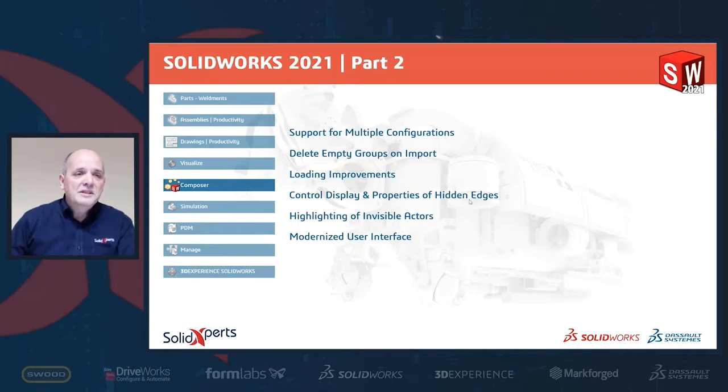Being able to momentarily highlight those invisible items and verify where we are in the publication space. And just the general UI improvements all make Composer 2021 a nice improvement and a good part of making really professional looking technical publications.